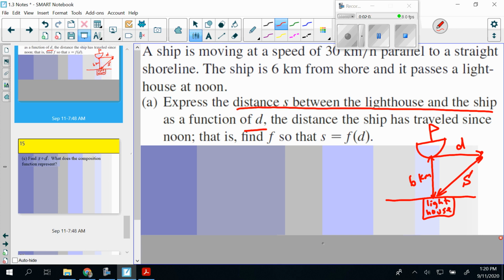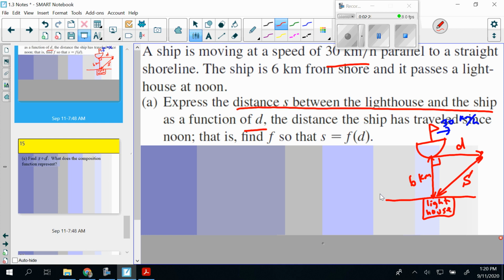What that forms is a little right triangle. The one other thing we know is that the speed is 30, so we can put on there that we're moving at 30 kilometers per hour. All right, so that should hopefully help us a little bit.